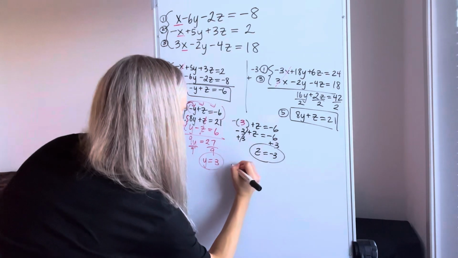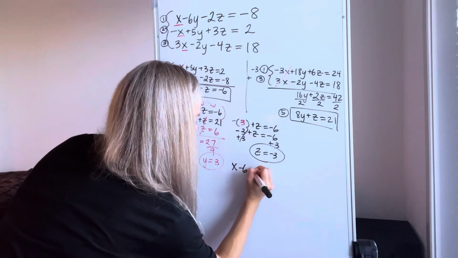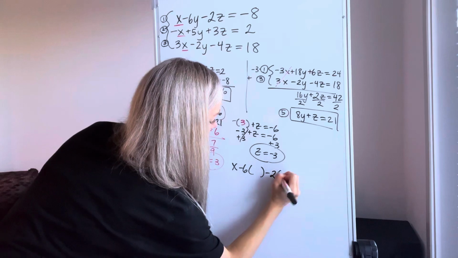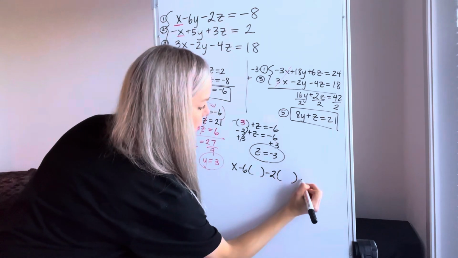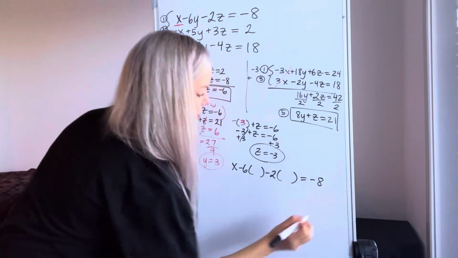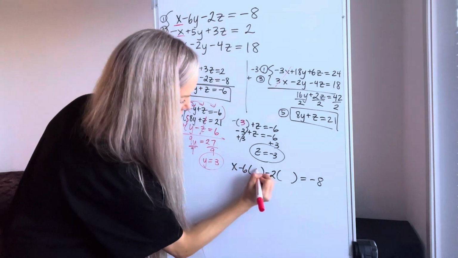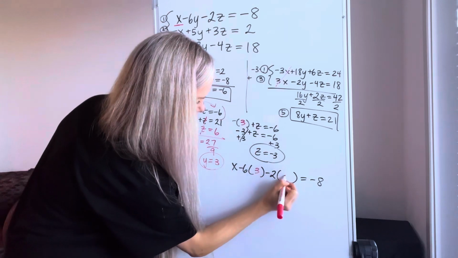So x minus 6y minus 2z equals negative 8. I put parentheses where the variables used to be because I know y is 3 and I know z is negative 3.